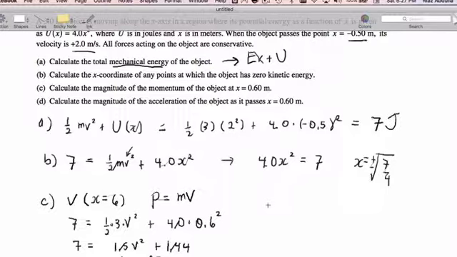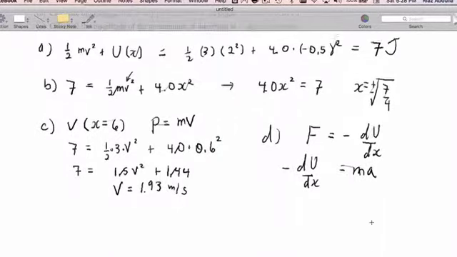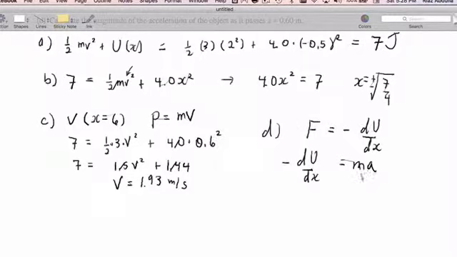Finally, in part D, it says calculate the magnitude of the acceleration of the object as it passes x equals 0.6 meters. This is actually a little bit of a trick. Since F is negative dU/dx, what we'll do is we'll take the derivative and we'll set it equal to ma. So negative dU/dx equals ma, because ma equals F. And then what we'll do is we'll take 1 over m and multiply it by negative dU/dx at the point in question, and that will give us the acceleration.